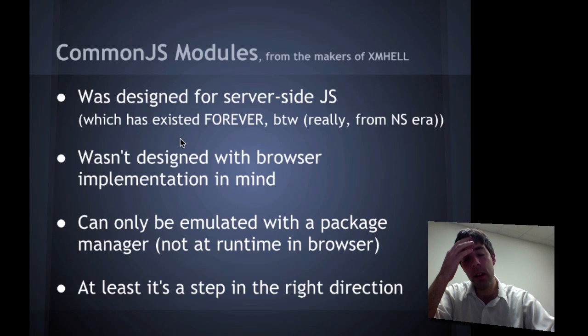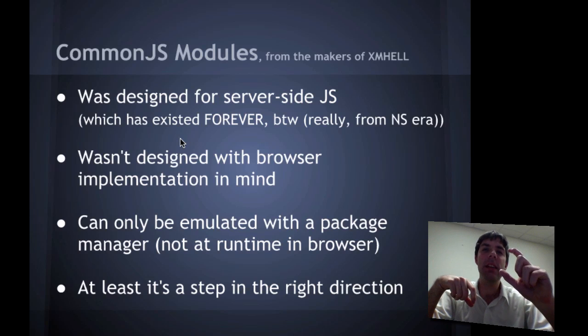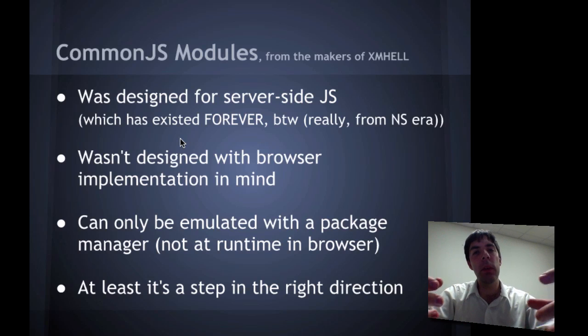It can all be done non-natively, but the CommonJS module system, primarily because it has a require but it lacks a provide, can't be implemented at runtime. It can only be implemented with a package manager or natively inside of the system.